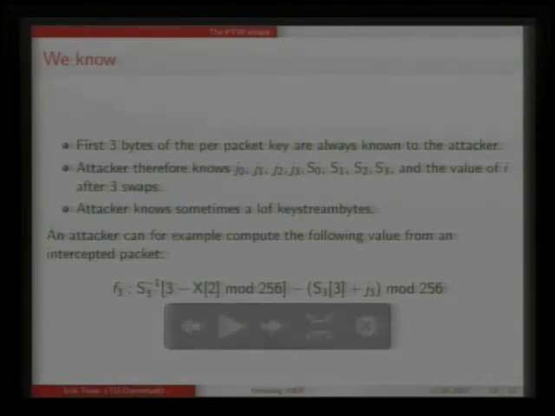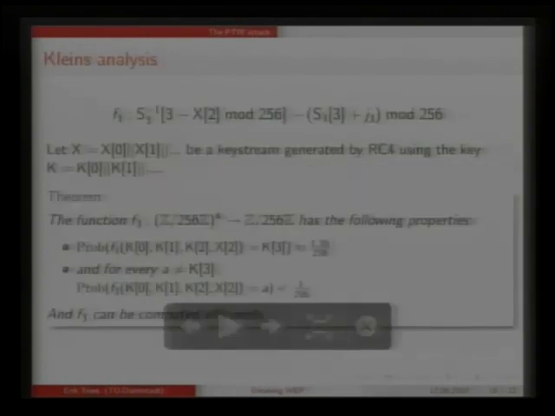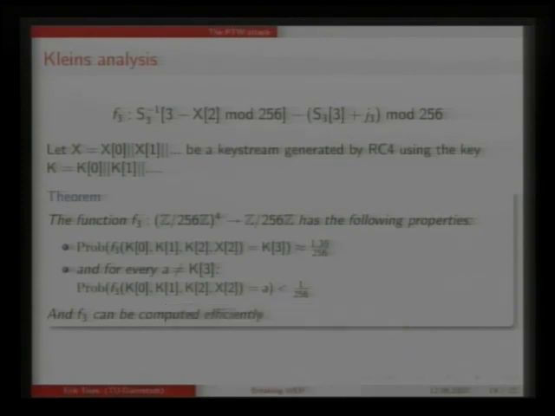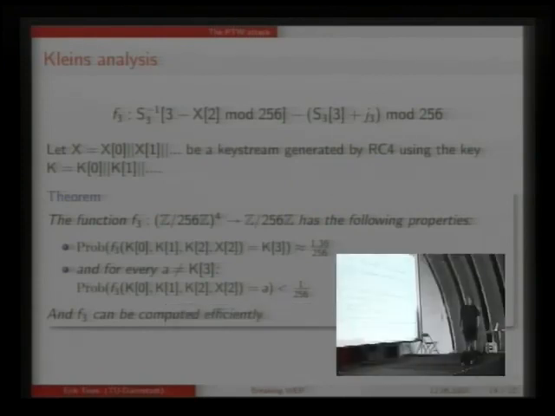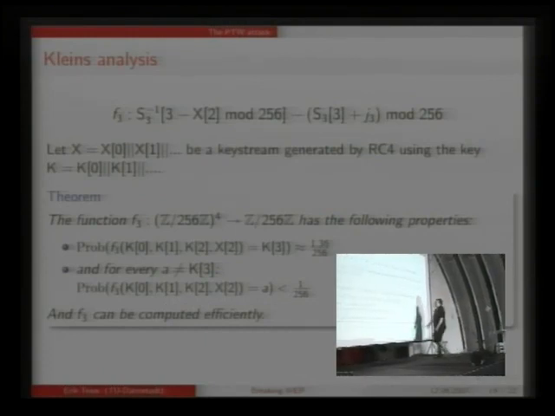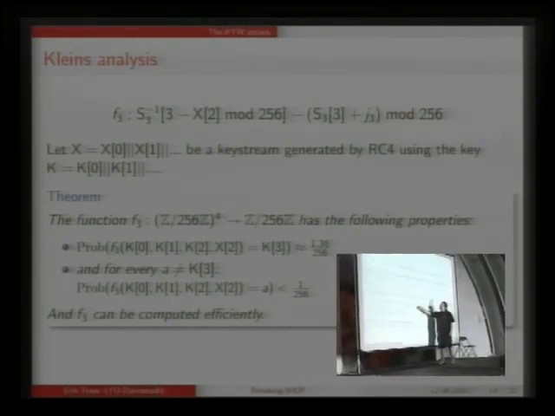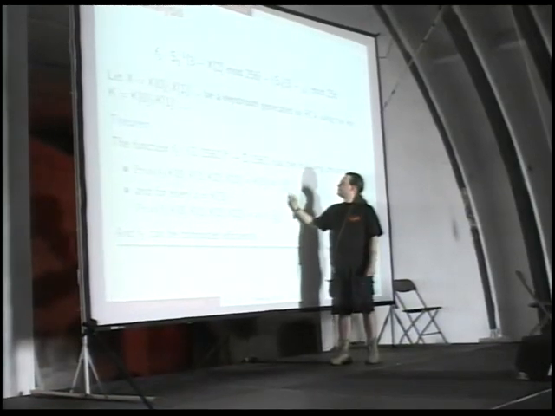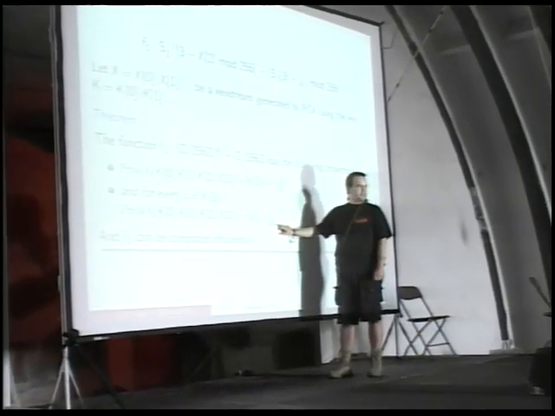And we must assume that the attacker sometimes knows a lot of key streams because he has sniffed some packets in the network. And an attacker could, for example, compute this formula. And this one is interesting because in 2005, Klein could show that this formula has an interesting property because it tends to take the value of the next key byte a little bit more often than all other values which are possible.